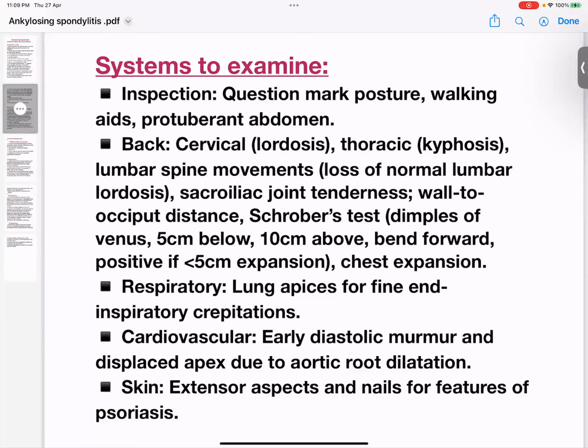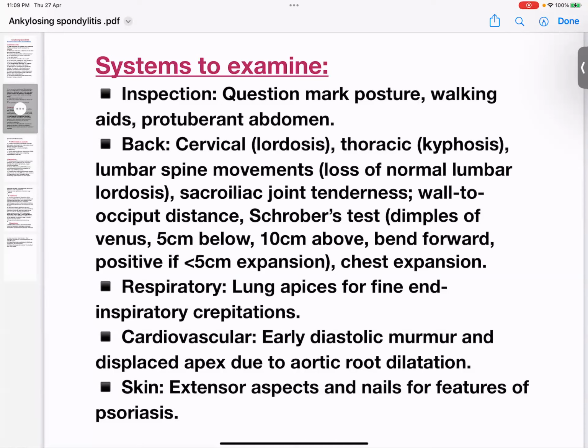There should be more than 5 centimeters of expansion between the upper and lower marks in a normal person. Whenever the patient bends forward, this distance should increase by more than 5 centimeters. If it is less than 5 centimeters, this is a positive Schober test. Chest expansion, respiratory: there will be limited movement of the chest.